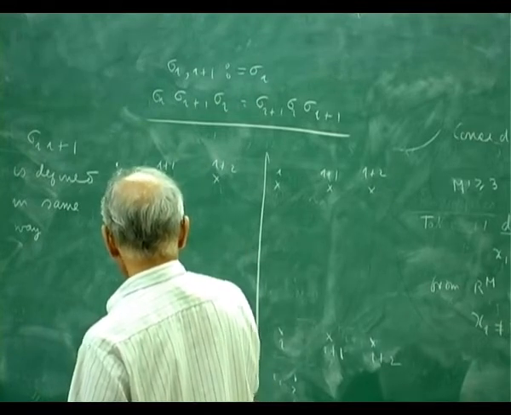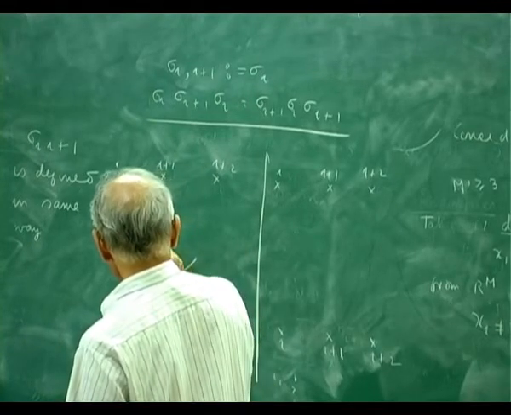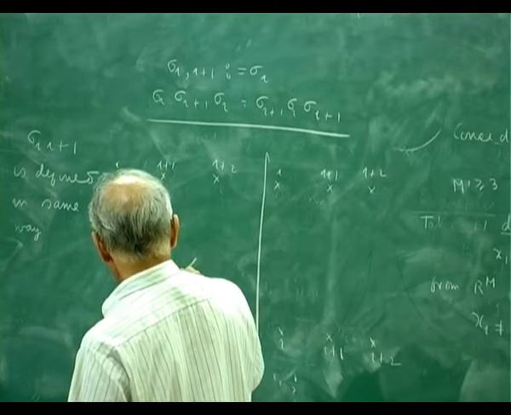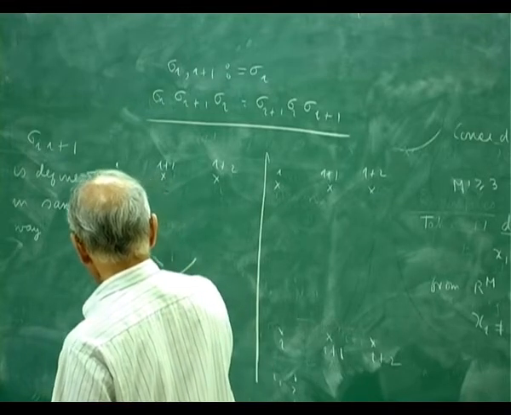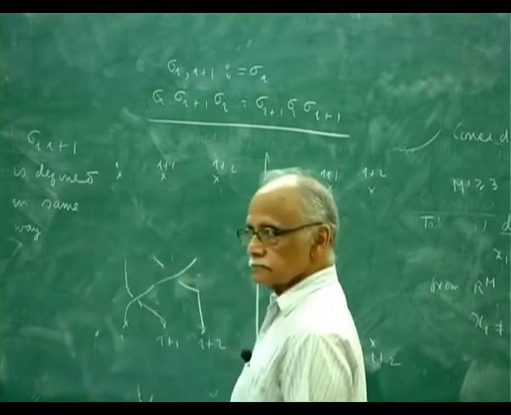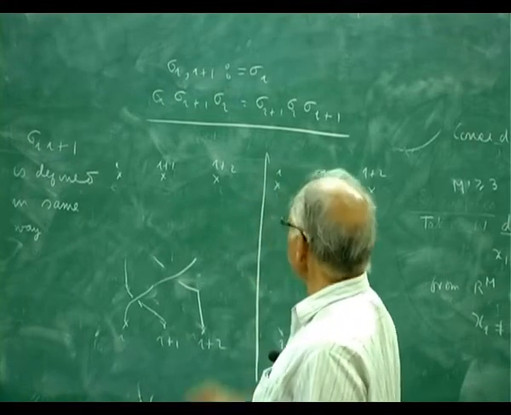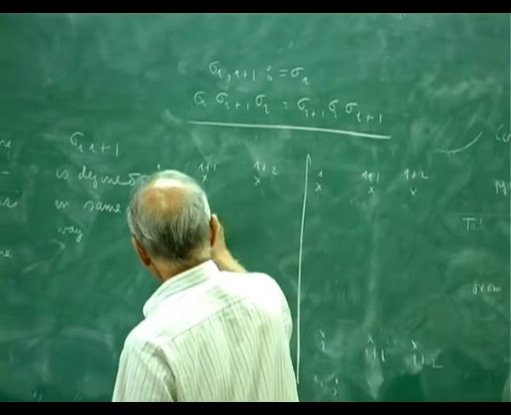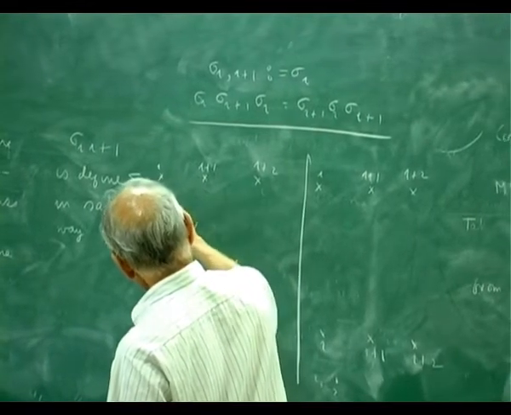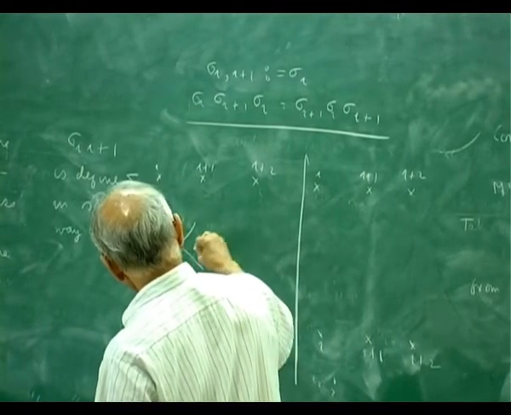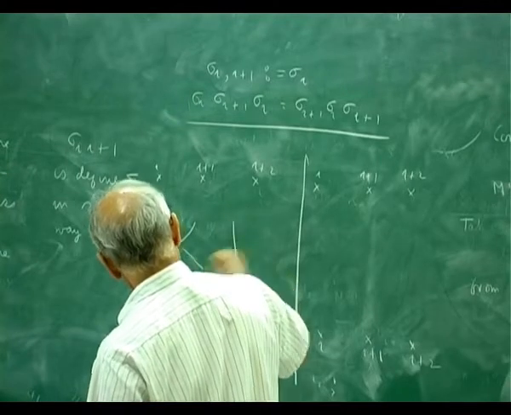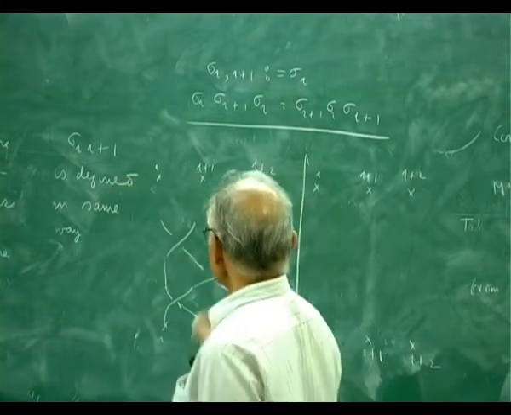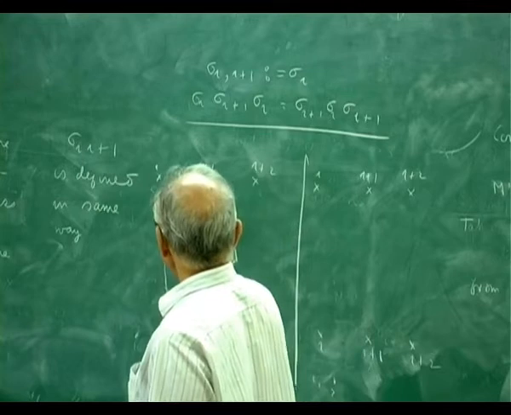So this goes over, this goes underneath here. Okay. Then again sigma I, this goes over, this goes underneath, and this goes here, and this is my closed loop.